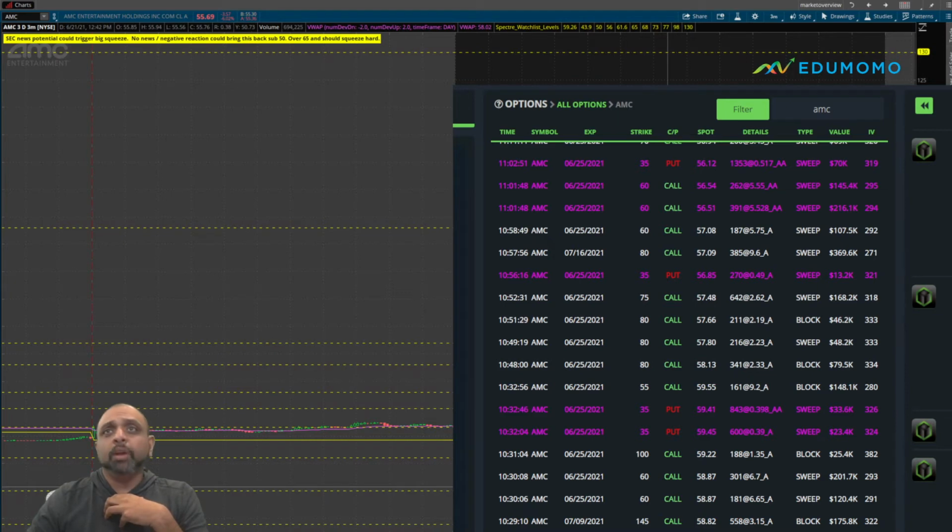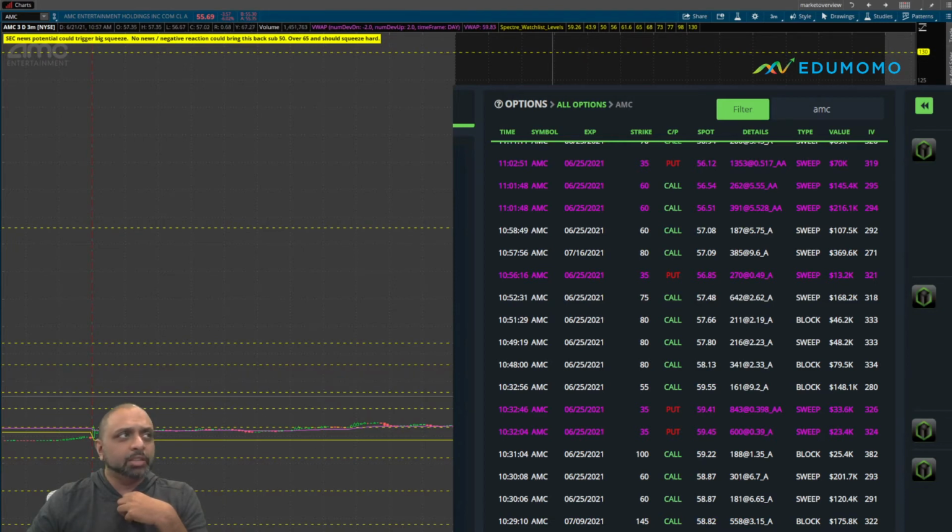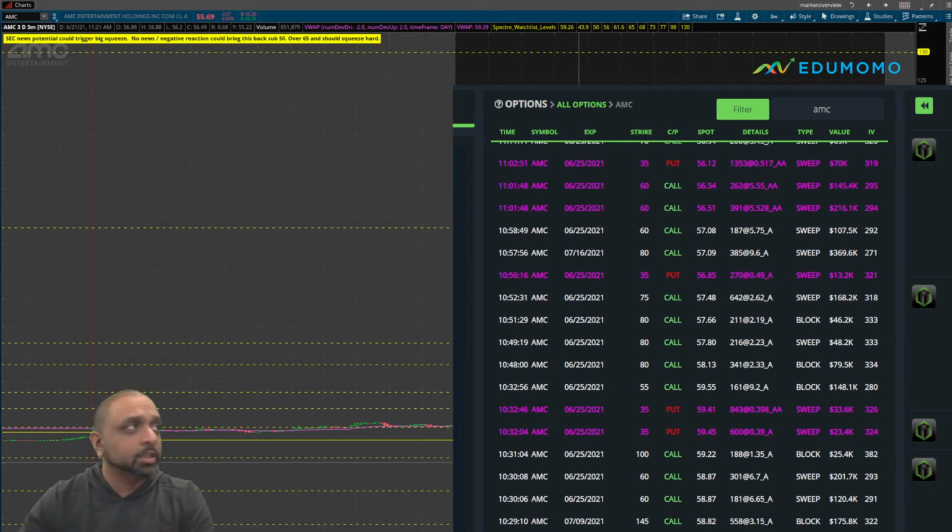So if you want to follow the option flow that you see, the way I do it is, if there's a bunch of flow and I really like it, then I want to buy at one of the watch list levels, right? I don't really like to chase unless there is a confirmation of the move to the upside. But that's how I approach using the option flow with the watch list levels.